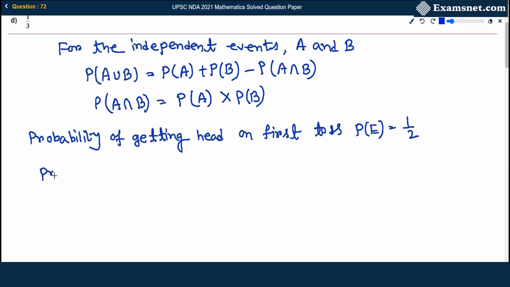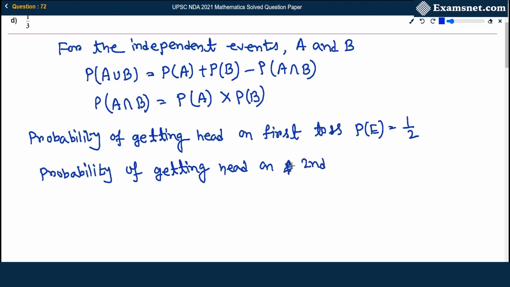Also probability of getting head on second toss, that is probability of F, is also half, right?